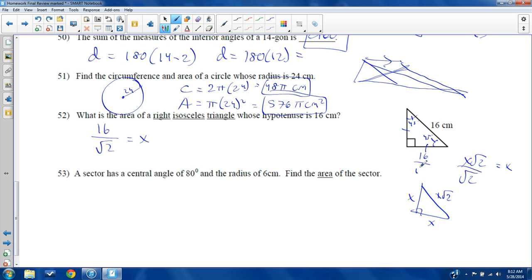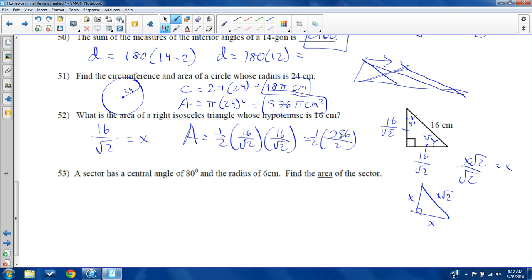Right now I'm going to leave it as that because I think when I multiply, it's going to cancel out the root instead of simplifying it. So both of these are 16 over root 2. So my area is 1/2 base times height. 1/2, well, let's see, 16 times 16 is 256 over, root 2 times root 2 is 2.